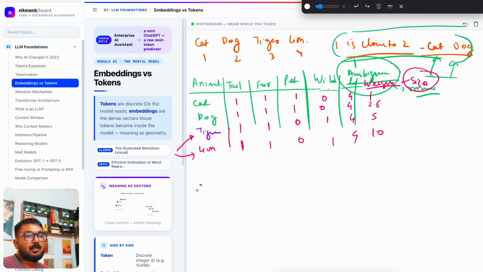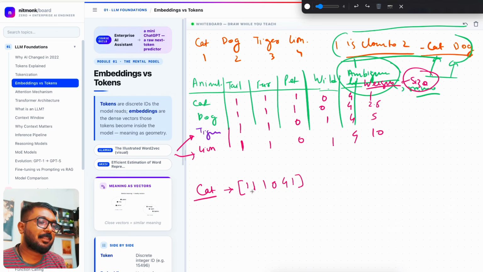Now if I have to represent a cat, this would be the representation: 1 1 1, no, don't put commas, 1 1 1 0 4 1. Something like this is the representation of the cat, because now we have decided the properties and converted them into numbers, right?